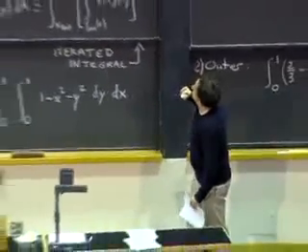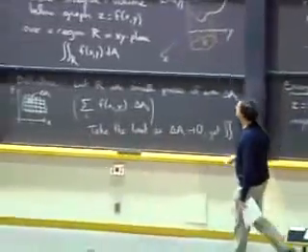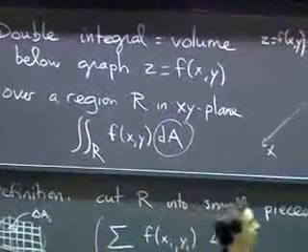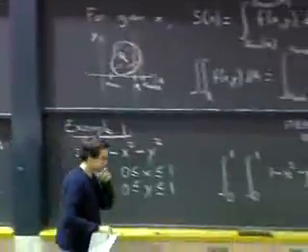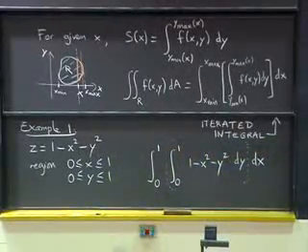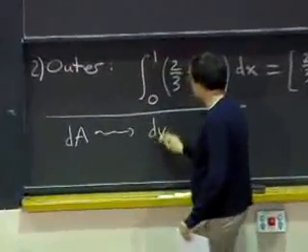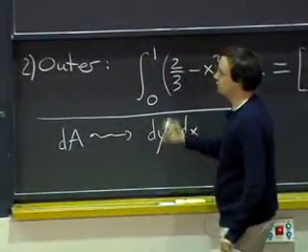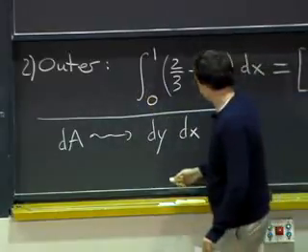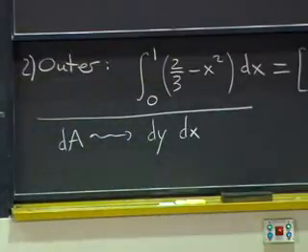By the way, we started with a dA in the notation. Right here we had dA, and that somehow became a dy dx. dA became dy dx because when we do the iterated integral this way, what we're actually doing is slicing our region into small rectangles.